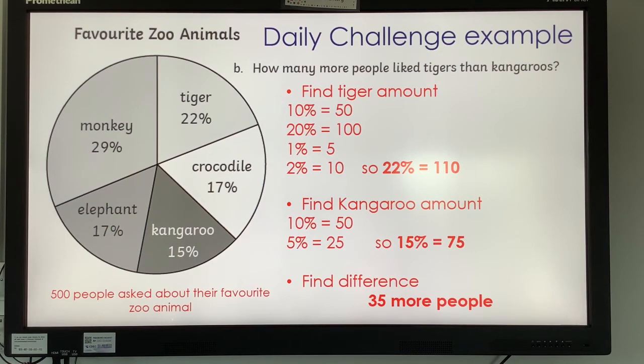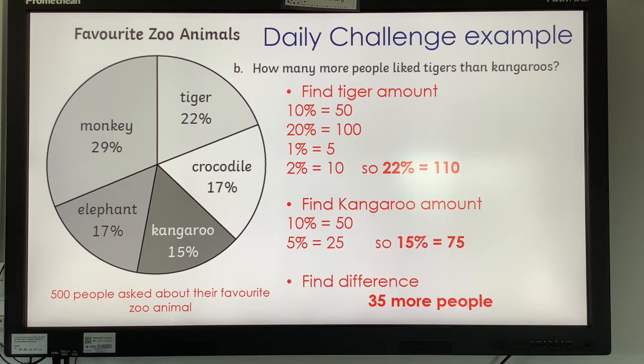Then we need to find the kangaroo. 10% is 50. 5% is 25. Add those together, and 15% is 75. To find the difference, we do 110, take away 75, and we get 35. There are 35 more people that said tiger than kangaroo.